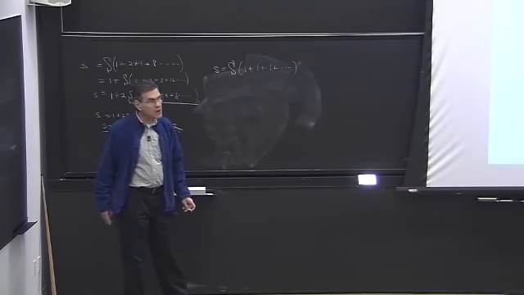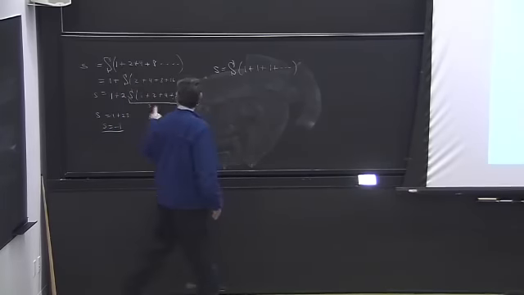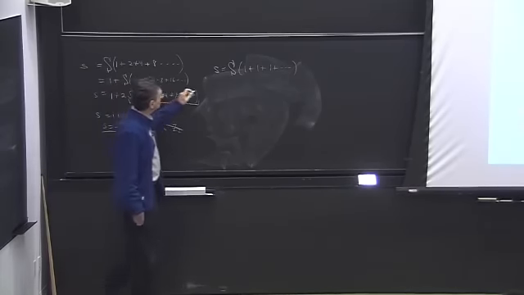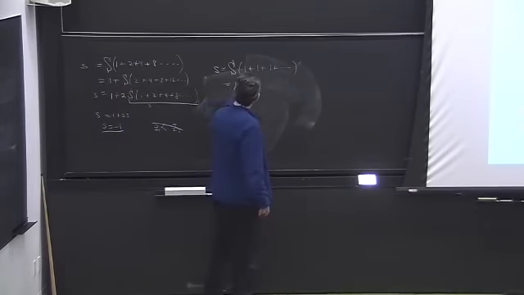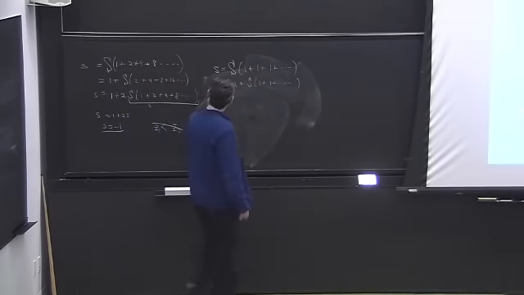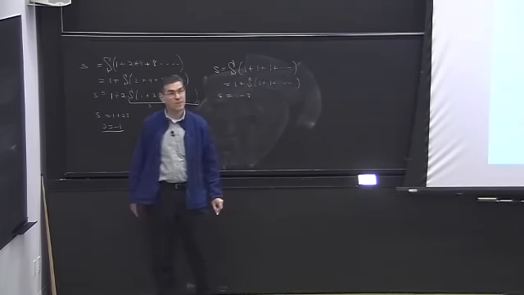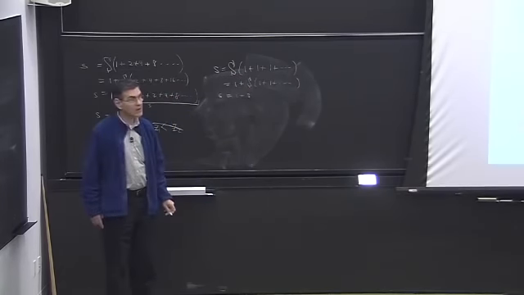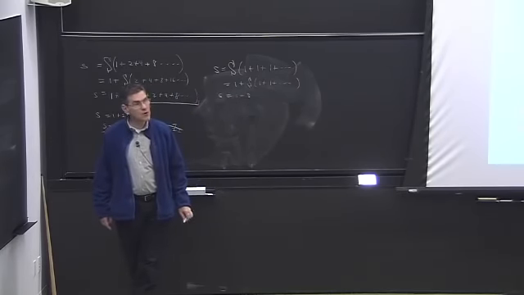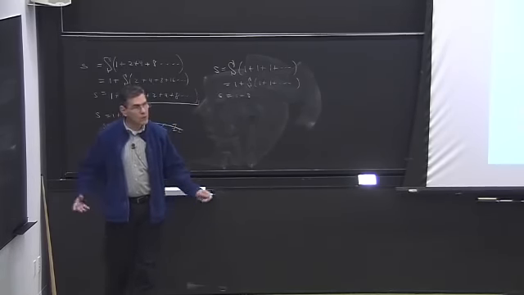Now we apply the additive axiom, the same axiom that we applied over here, and we say this is equal to 1 plus the sum of 1 plus 1 plus 1. So S is equal to 1 plus S. That's the equation that little s satisfies. So what do we conclude?